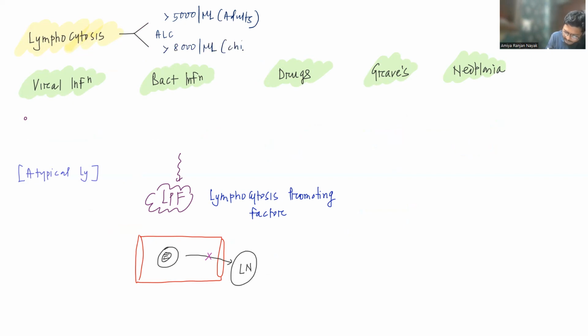Then what are the causes for lymphocytosis? Again, remember, there are certain viral infections which can cause lymphocytosis. We have discussed that some viral infections can cause lymphopenia because of increased redistribution. But certain viral infections can also cause an increase in lymphocytes, especially Epstein-Barr virus, cytomegalovirus, and certain viral hepatitis.